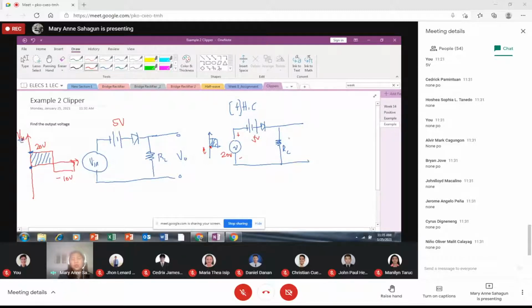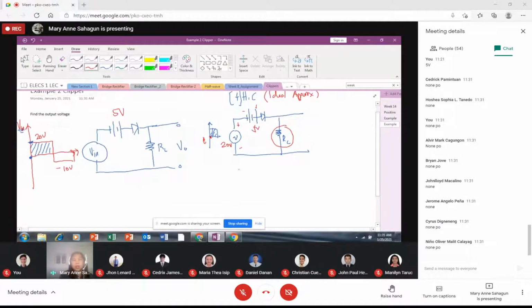So in that case, what is the voltage across your RL? Pansinin, you have negative, positive, negative, positive. And then we are talking about ideal approximation, so we disregard the voltage drop across your diode. Meaning to say, class, 20 plus 5, that is your voltage across your RL. If you are not convinced, you may use KVL.